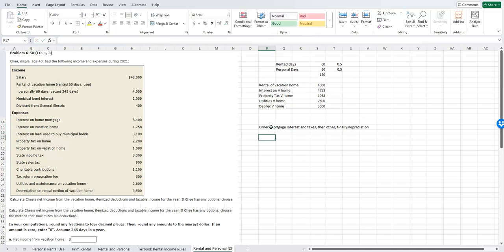So let's do that. Our rental income is $4,000. And then our interest on our vacation home. First we'll do the IRS method.